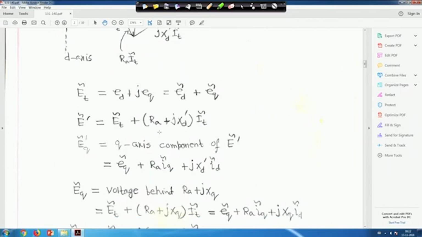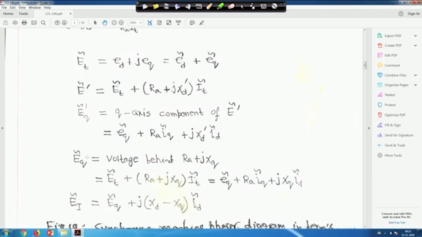In most cases you will find RA is very small and it is neglected. I suggest that you neglect RA and redraw the phasor diagram. EQ dash tilde is the Q axis component of E dash tilde. Look at the phasor diagram, everything is given: RAIQ tilde plus J XD dash ID tilde, because this J should be there; if you take ID as a reference, ID tilde will be at angle 0 degrees.